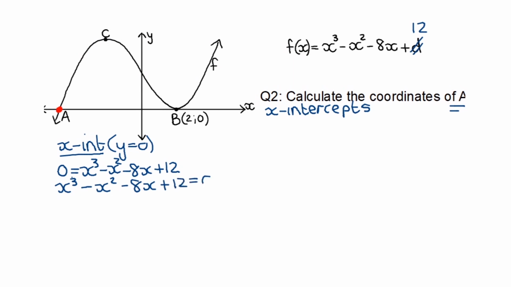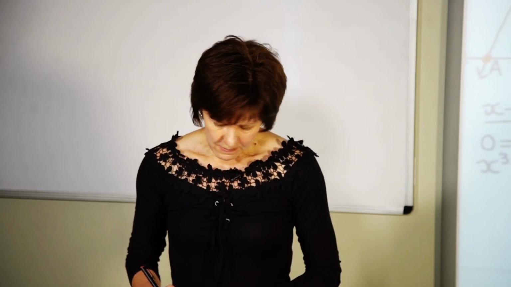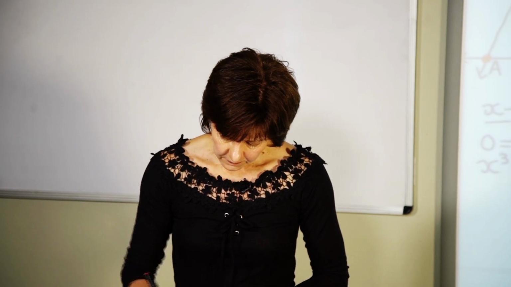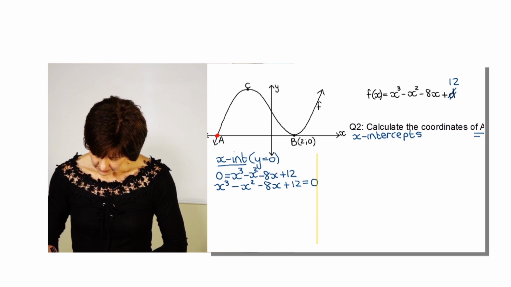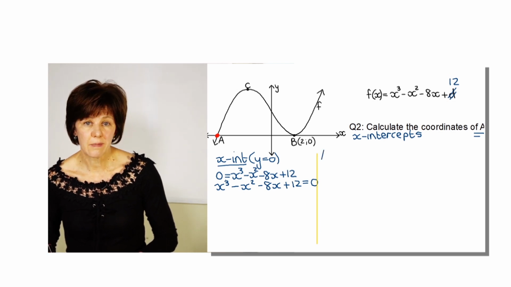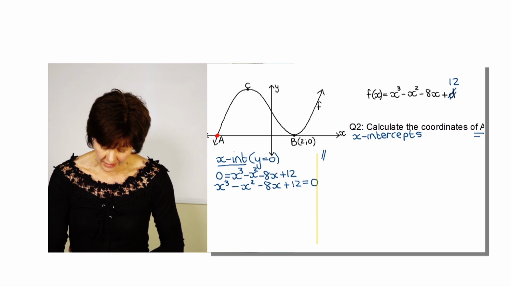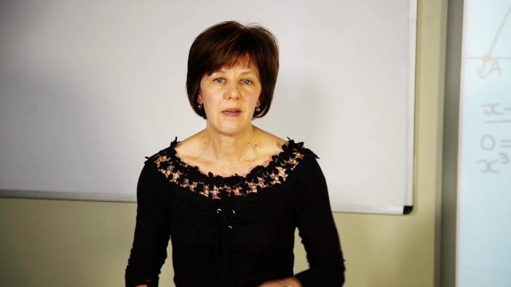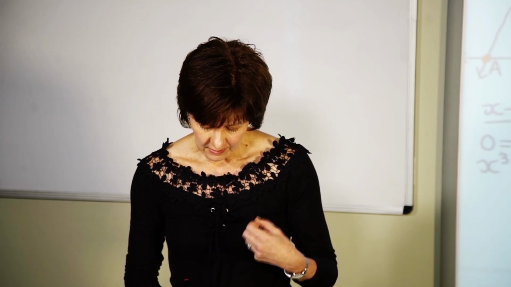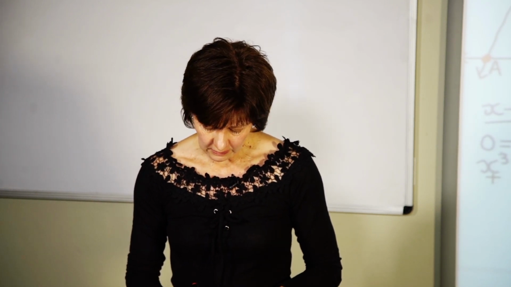But how am I going to factorize this? Maybe you will remember, you should have done previously, the remainder and factor theorem. The remainder and factor theorem is going to help me find at least one factor that will go into this expression.